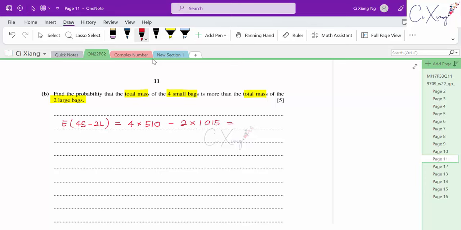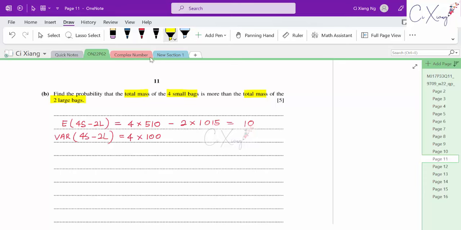So from here, you'll get 10 as the mean. And then for the variance part, again, all the keywords here are still total. It is not a multiple of a random variable with a number. Therefore, total means that the 4 of the variance is still 4. We didn't square it. Multiply with the original one, the small bag variance, which is 100.